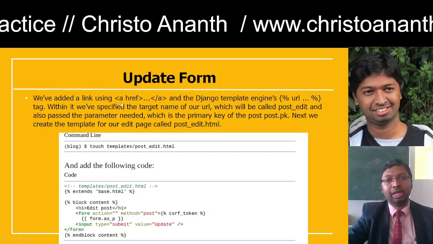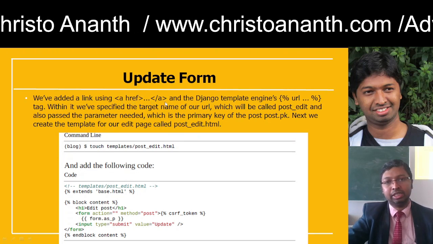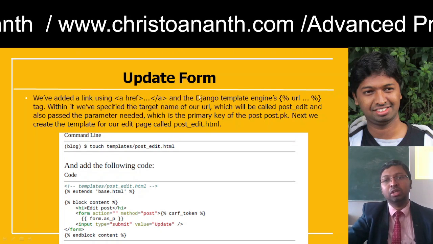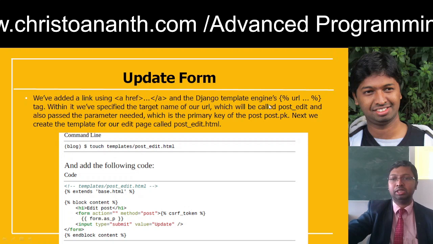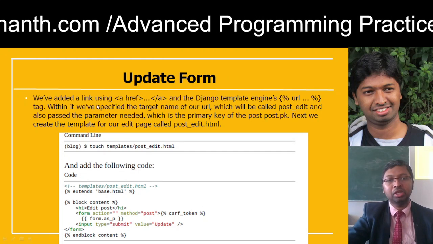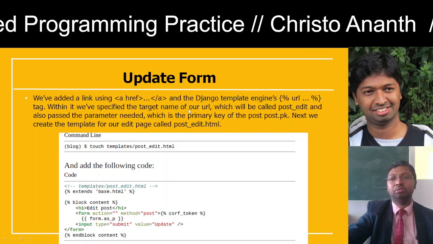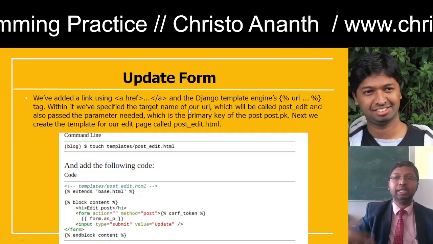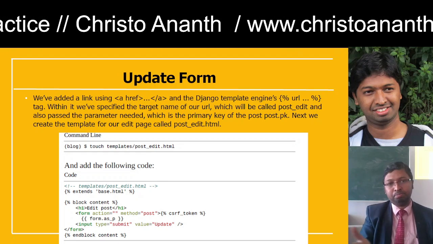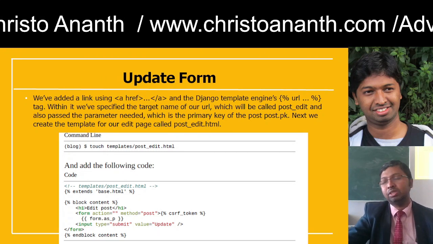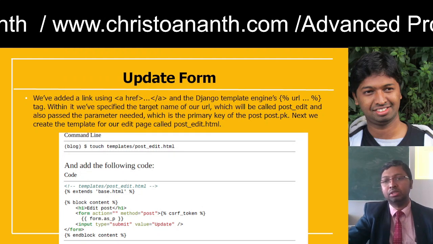Maybe you can add the link like an a href, and also Django's template engine url tag. We have specified the target name for the URL, which will be post_edit, and also we have passed the parameter that is needed, which is nothing but the primary key, post.pk.